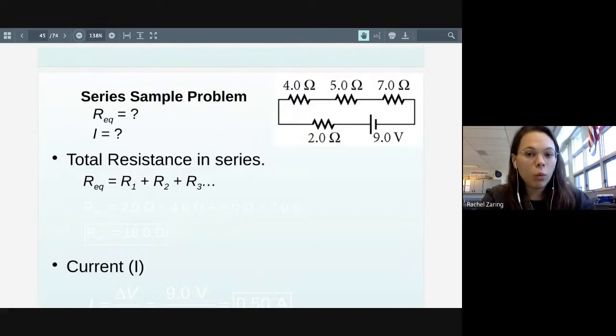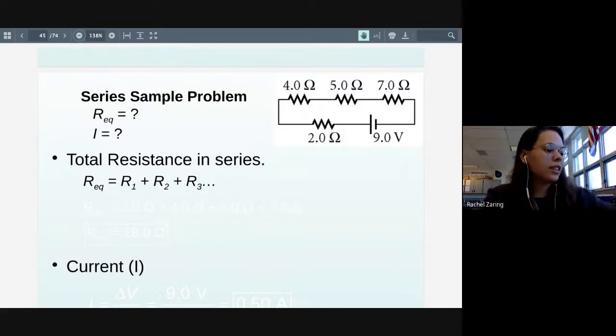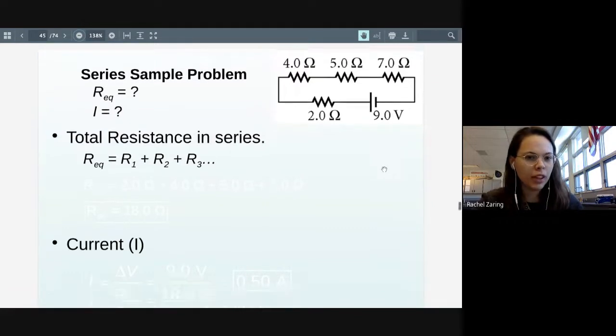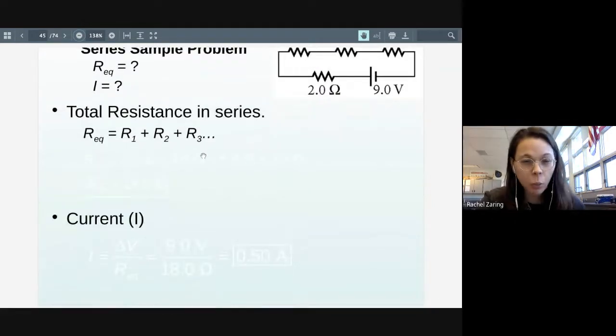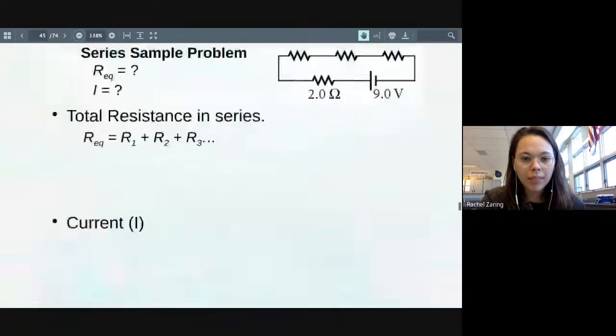So if we were to add all of these together, we would do 2 plus 4 plus 5 plus 7, which would tell us that our equivalent resistance is 18 ohms. Okay, 18 ohms right there. It's really white on this picture, I don't know why it didn't show up super well. But 18 ohms for you.